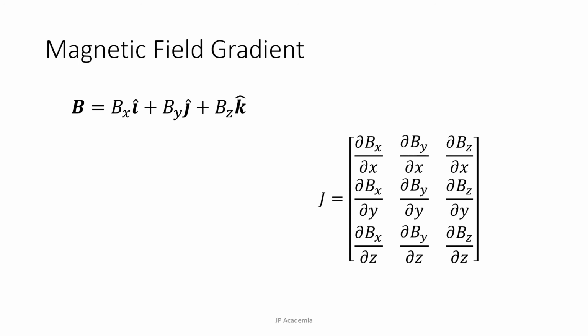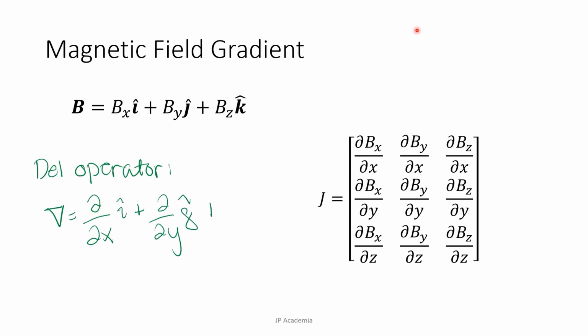For a more detailed discussion of magnetic field gradient, note that your magnetic field B is a vector quantity, so it has magnitude and direction in space, and we have these components along the Cartesian coordinate system. Thus, we can express the components as shown. The gradient of magnetic field B can be expressed using the del operator, shown here.